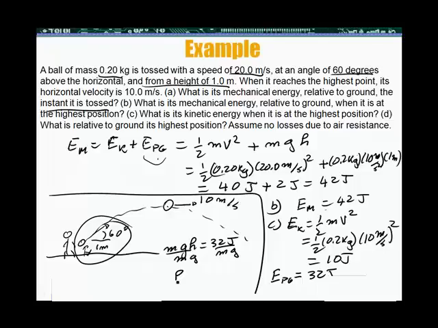So in this case we get h equal to 32 joules divided by m, which is 0.2 kilograms, times 10 meters per second squared. 0.2 times 10 gives us 2, so that gives us 16 meters. So h is 16 meters, or the highest position of that tossed ball is 16 meters.